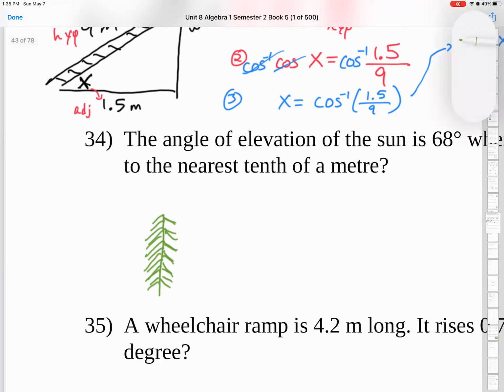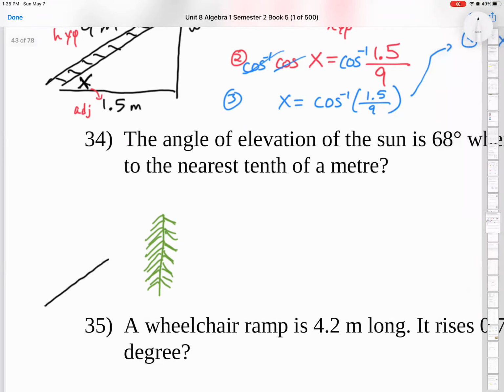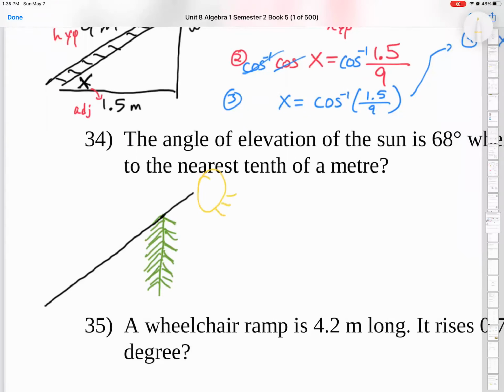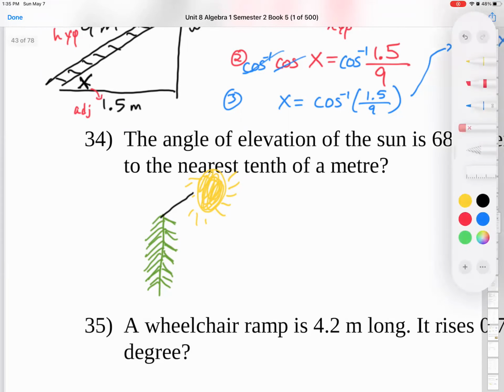And it says that the angle of elevation from the tree casts a shadow from the sun. So here's your sun. And it casts a shadow at an angle. And let's fix this side real quick.